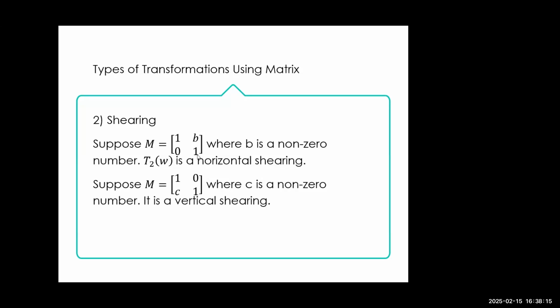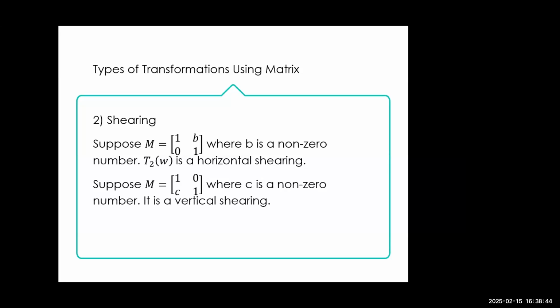If I want a horizontal shearing, then I put this coordinate equal to 0. If I want a vertical one, then I choose the first row and second column number equal to 0. However, for C and B, I don't have any limitation except that B and C are non-zero numbers.